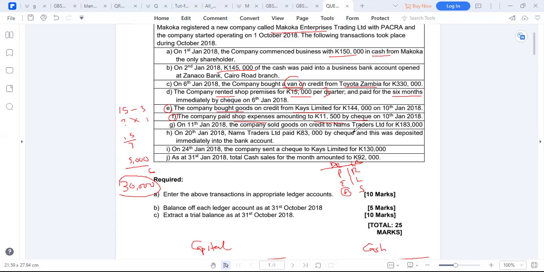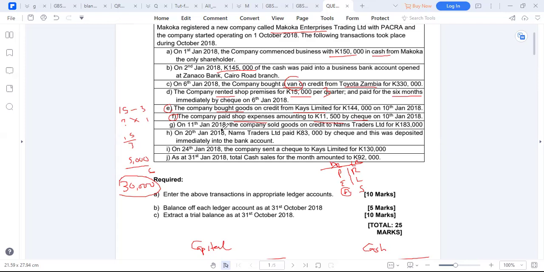We are having the sales account and NAMS Traders Limited. So we're debiting NAMS and crediting sales.